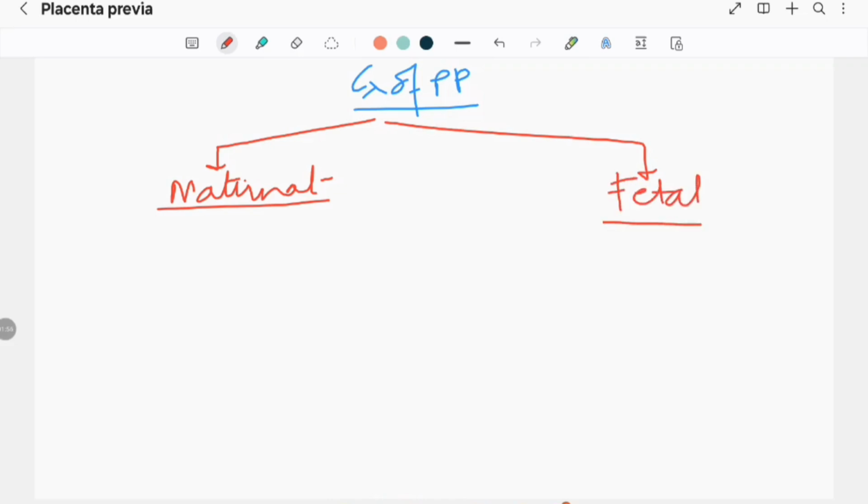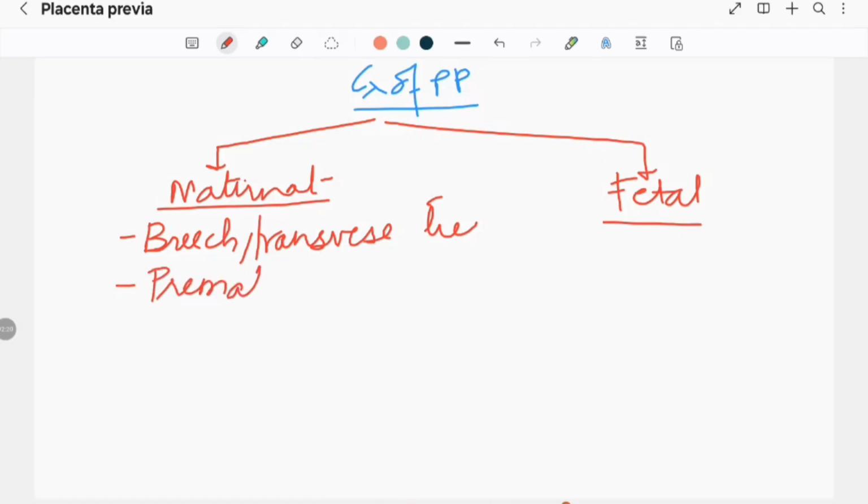and fetal complications. So in maternal complications, first is the breech presentation. This is a malposition, and placenta previa could be found with breech presentation. It could also be there with a transverse lie. Premature labor, early rupture of membranes.